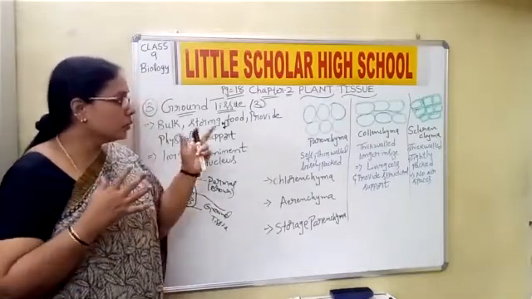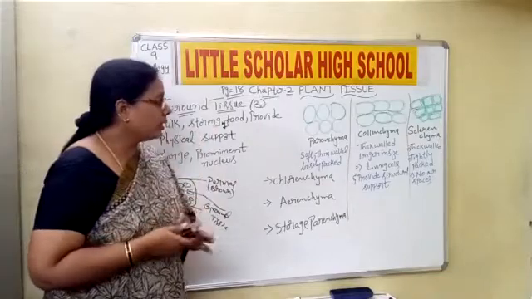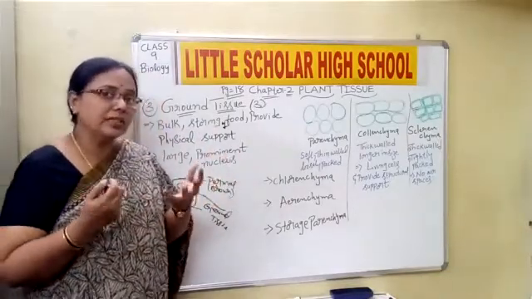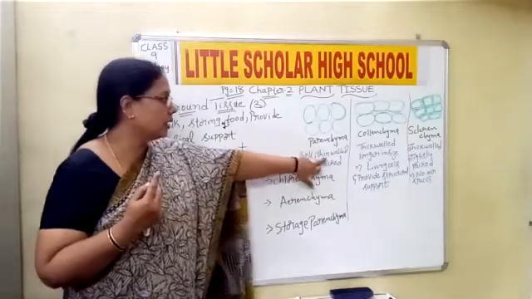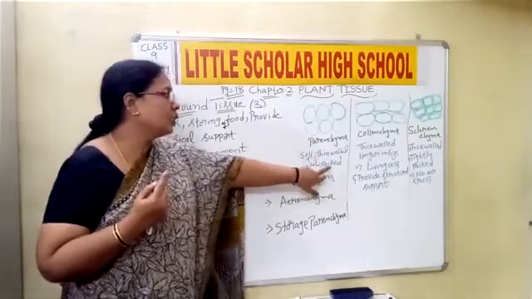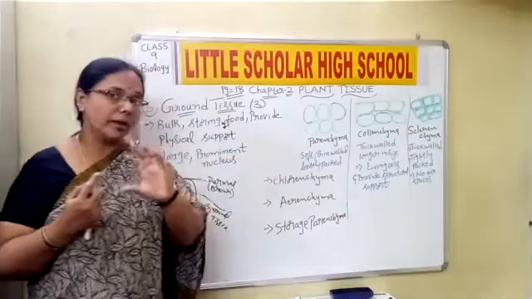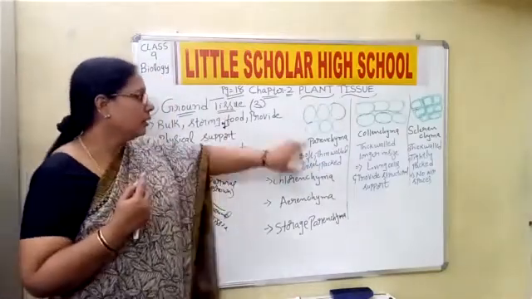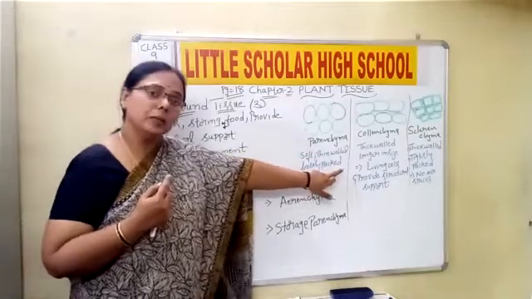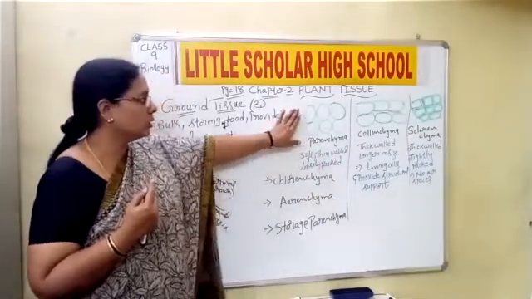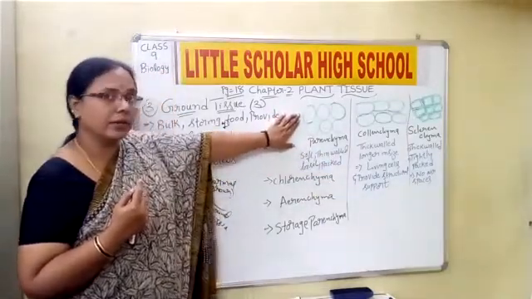Now let us come to the parenchyma. What is the nature of the cells of the parenchyma? They are soft in nature, thin walled and loosely packed. So this is the nature of the parenchyma tissues.